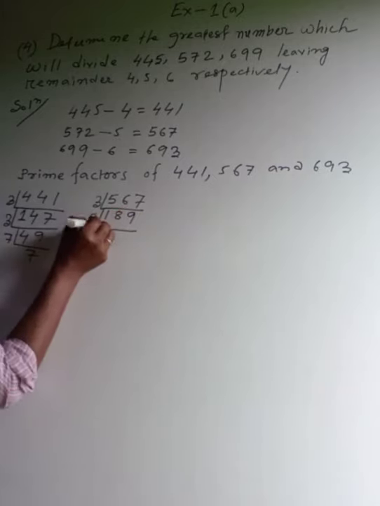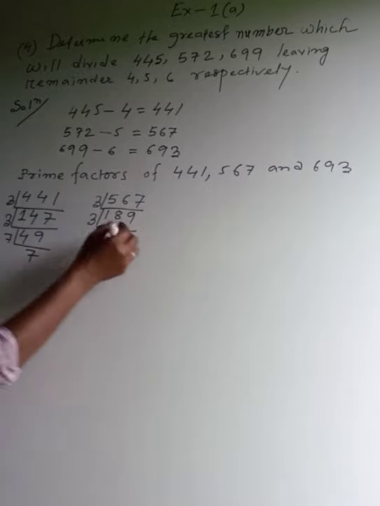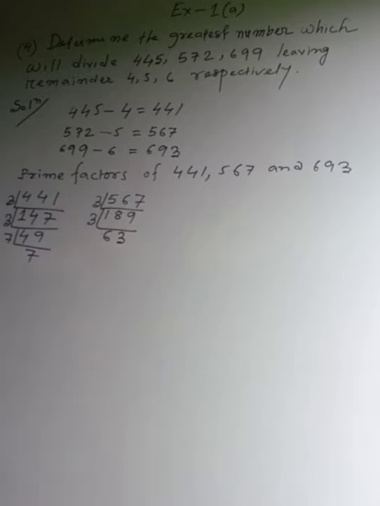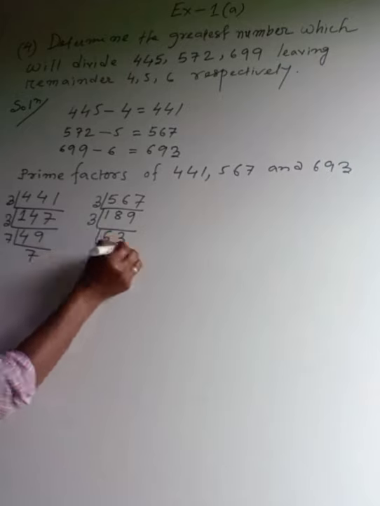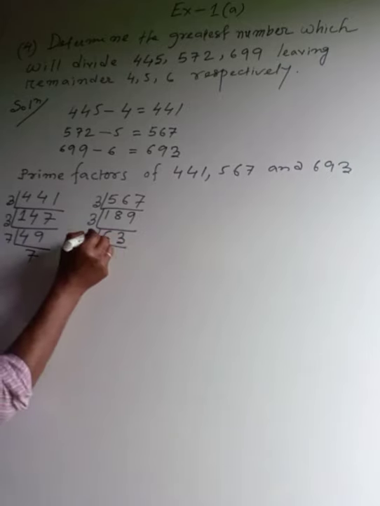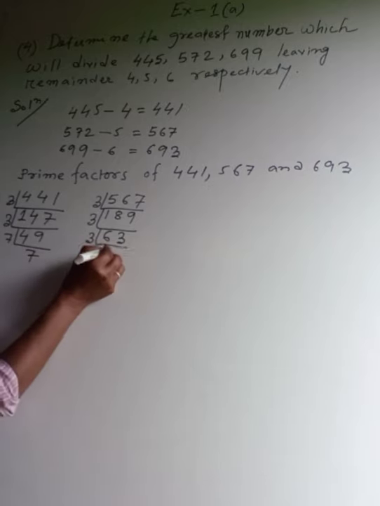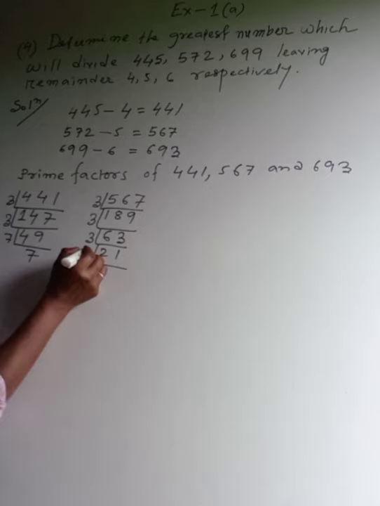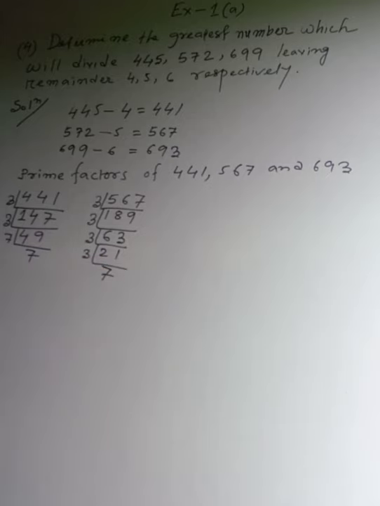Again we can try 3: 3 sixes are 18, 3 threes are 9. Again by 3: 3 twos are 6, 3 ones are 3. Again we can try by 3: 3 sevens are 21.